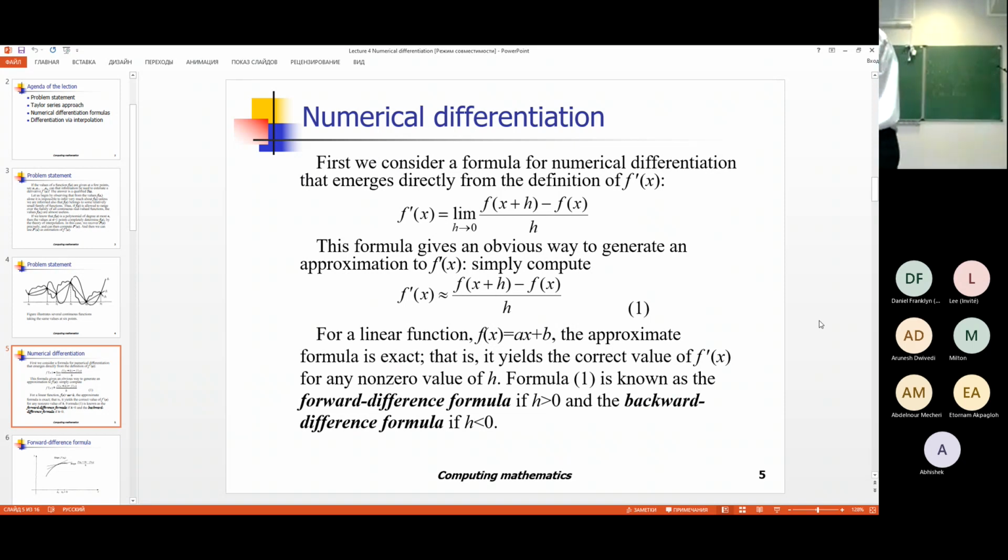What is a derivative by definition? If we have a function f of x, then the value of the derivative at the point x, by definition, is the limit when h tends to 0 of f of x plus h minus f of x over h.